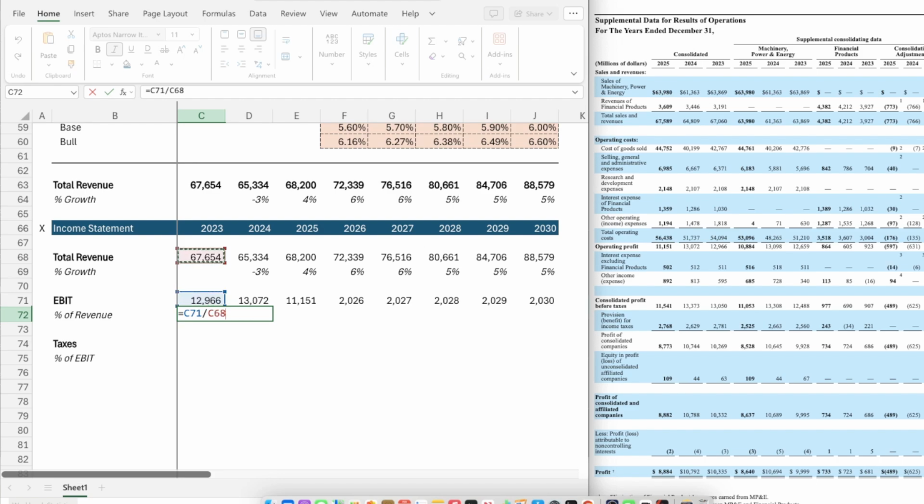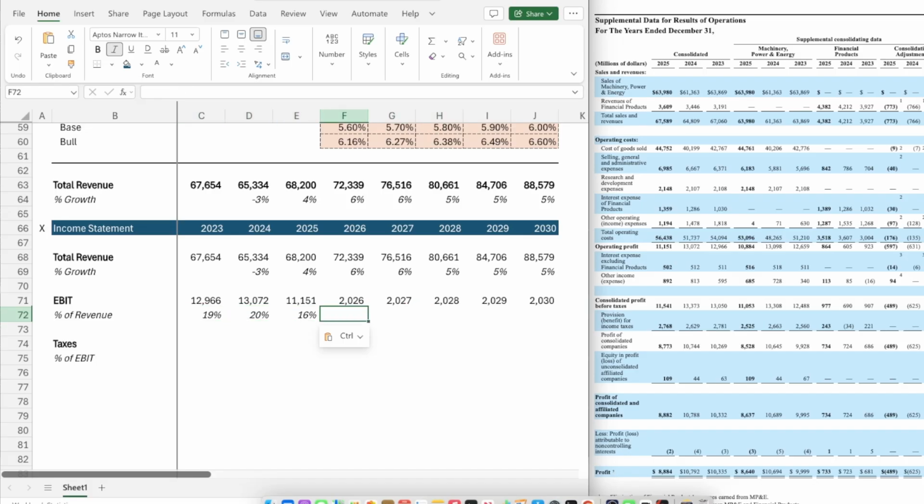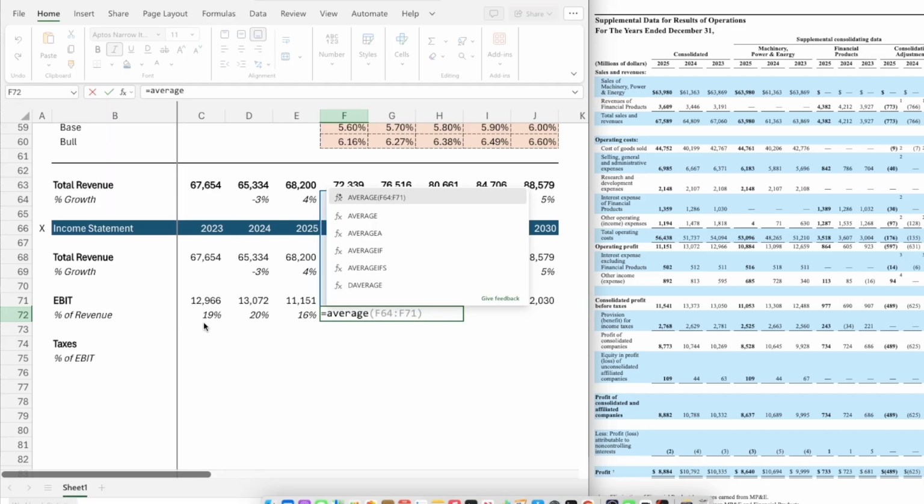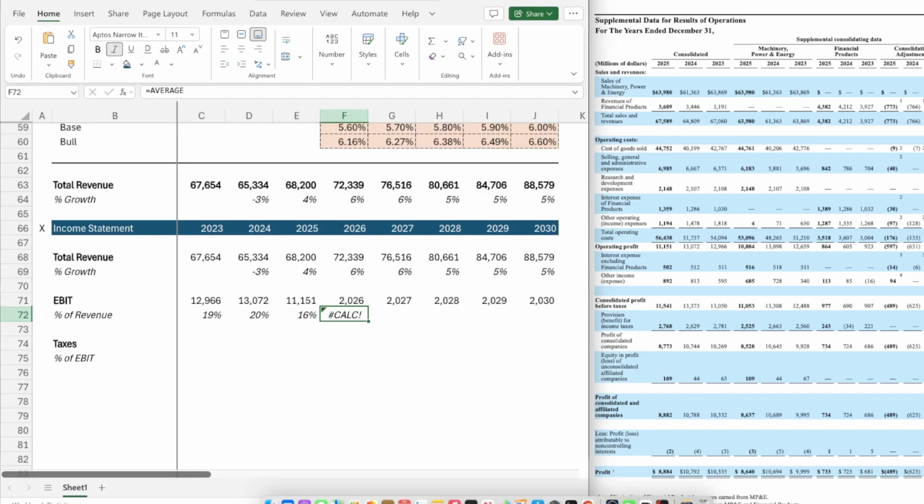Divide this, the EBIT, by the total revenue. Fill it up to 2025. As you can see, the EBIT margin has compressed quite a bit in the last year. What is going on?